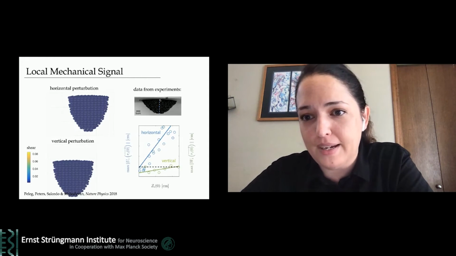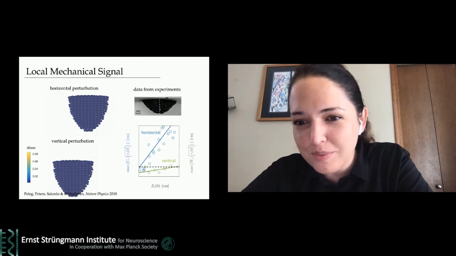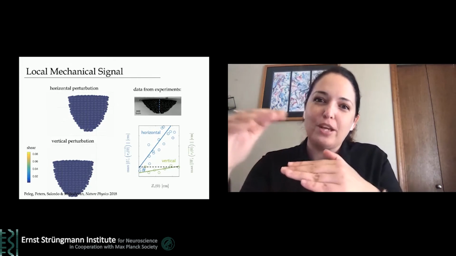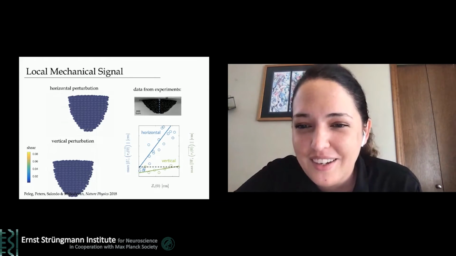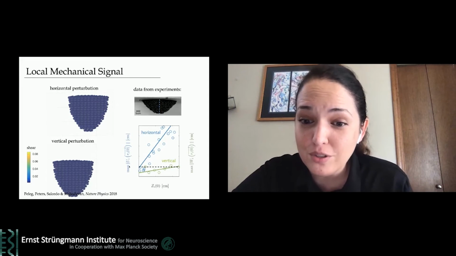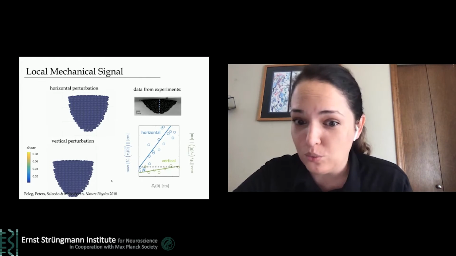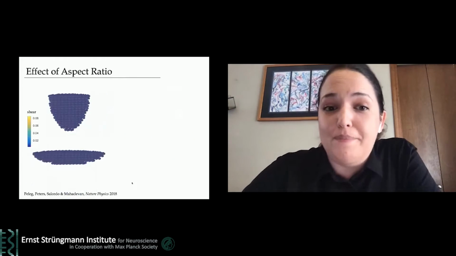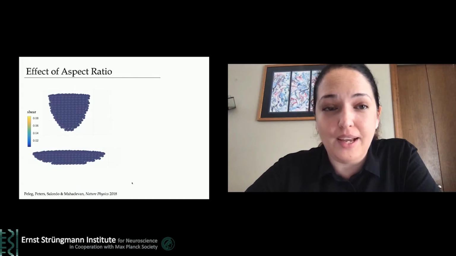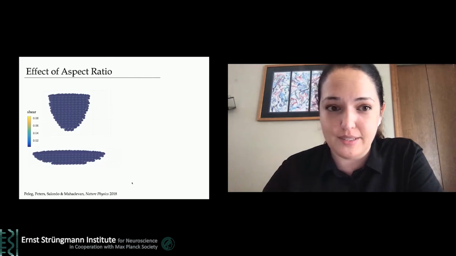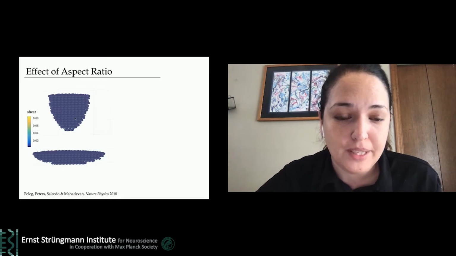If we take a line of bees along the central position of the swarm and measure the deformation between consecutive lines or rows of the swarm, we can see that for horizontal perturbation there's quite a lot of deformation in comparison to the vertical one. Okay. The model also predicts how the aspect ratio would affect the mechanical perturbation the swarm would experience.